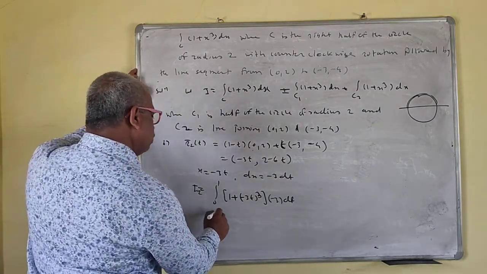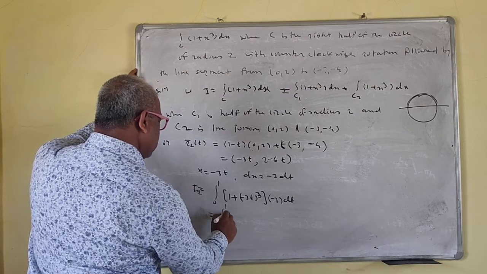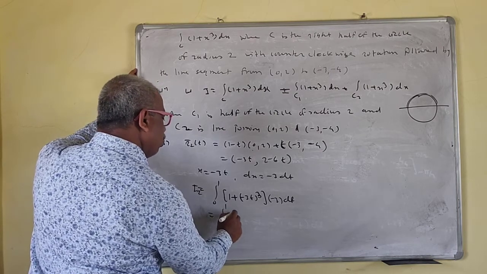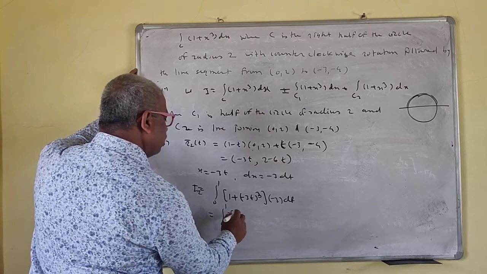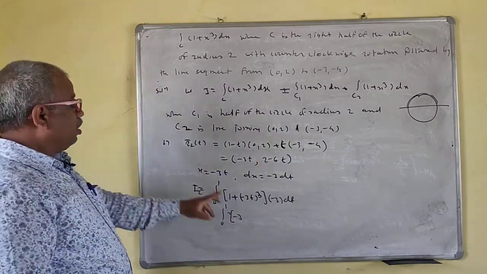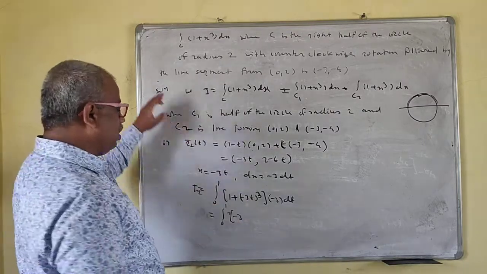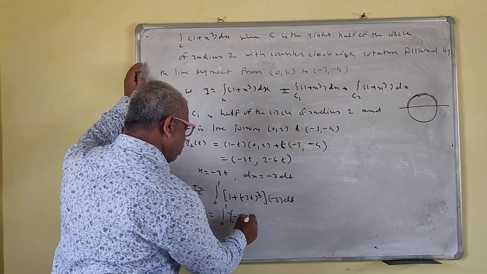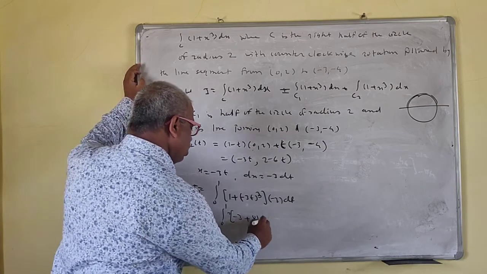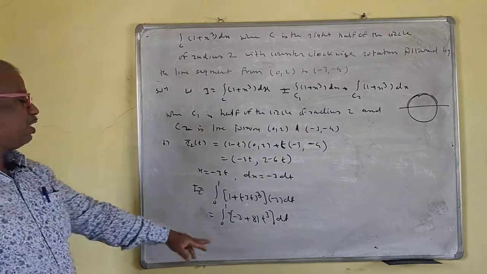So I can take minus 3 inside. Minus 3 cube is minus 27, so minus 27 plus 81 t cube, dt, multiplied by minus.